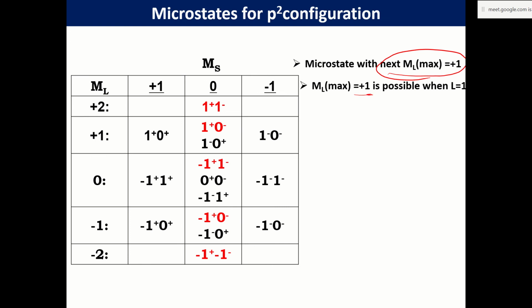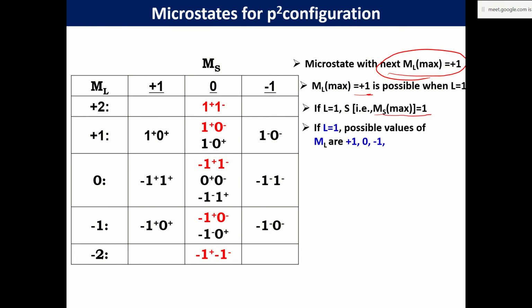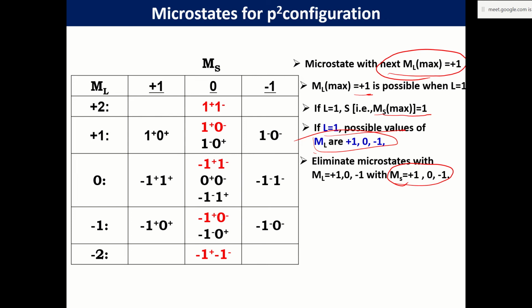The next ml is plus 1, and the maximum ms is 1. This is the way you start working on it, and for this you have 3 ms values as well. Now eliminate all those combinations of ml and ms corresponding to this: all the blue shaded region.